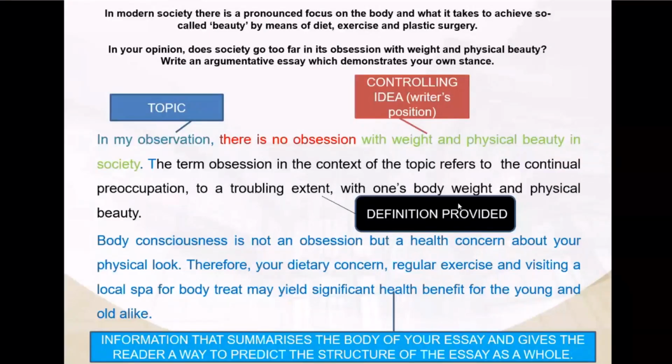But the question of the essay says, does society go too far in its obsession with weight and physical beauty? Write an argumentative essay which demonstrates your stance. The student writes in observation. Something is wrong there.